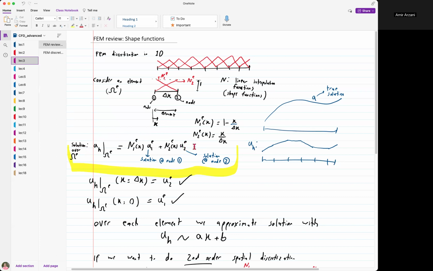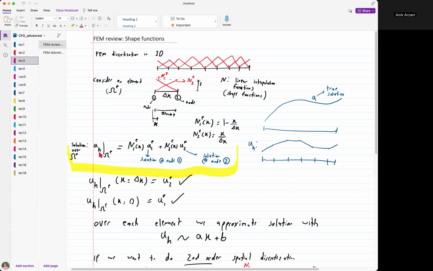So this is my hypothesis for my solution over each element. I assume that the solution over each element is an optimal linear function that I define using these interpolation functions. Anywhere in between point 1 and 2, your solution is a linear interpolation of your nodal values.